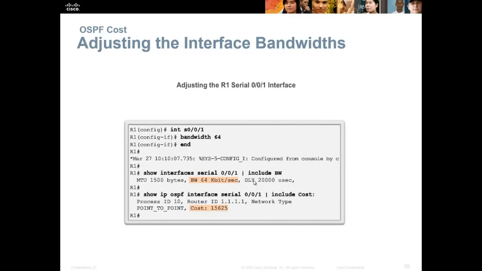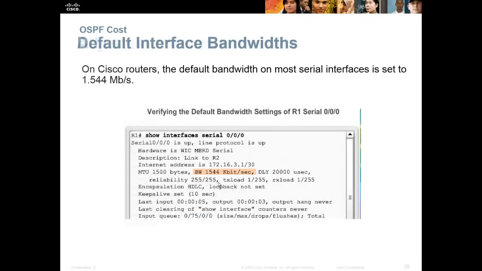If I go to interface serial 0/0/1 and say bandwidth 64, it changes the bandwidth number, which then changes the cost calculation. Now it says bandwidth 64 kilobits. Back here, it says bandwidth 1544, so this is probably a T1. But if I want to prefer the T1, I can change it with bandwidth 64.